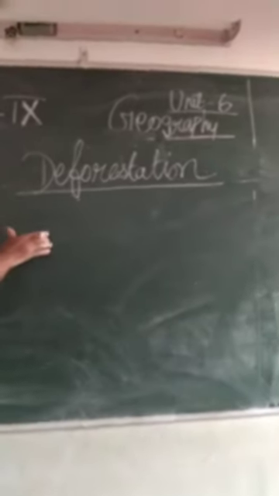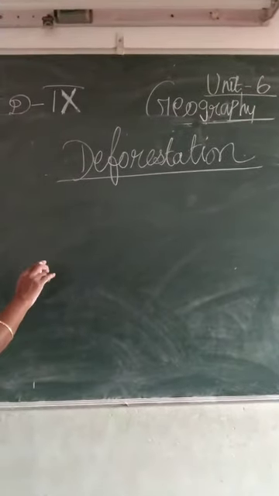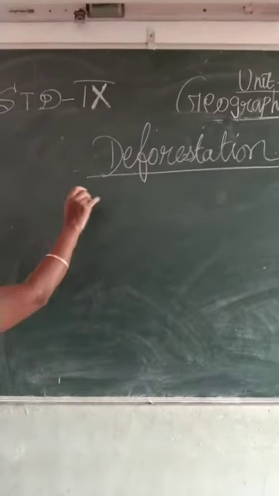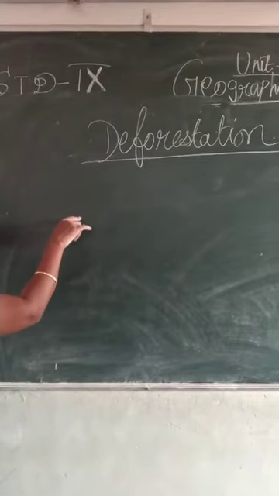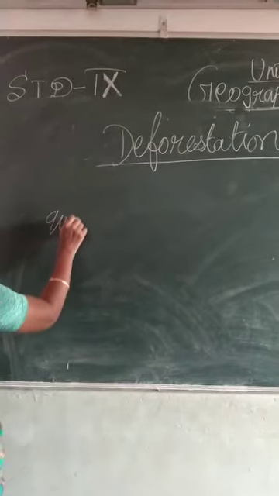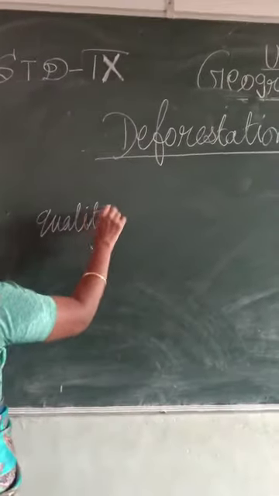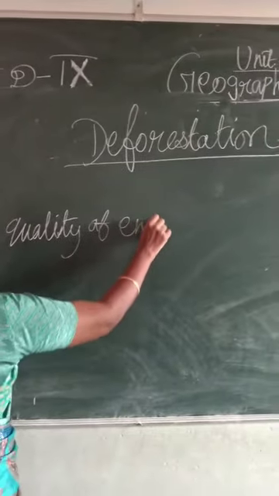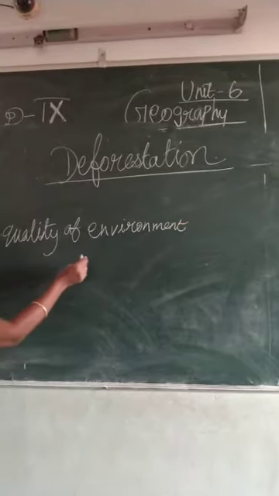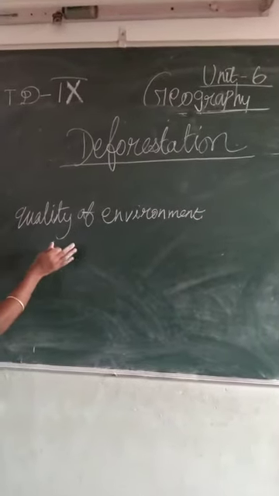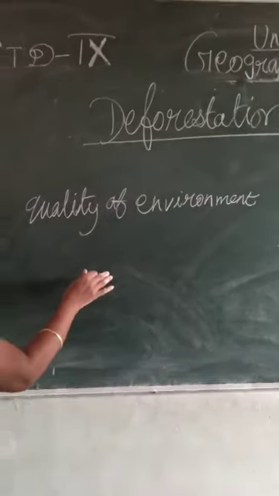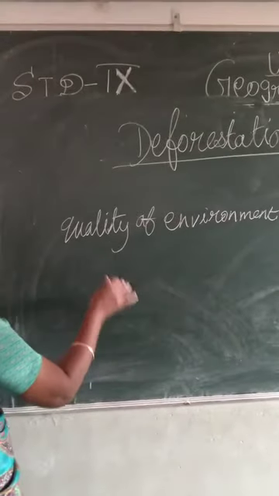Students, now deforestation. Deforestation is simply the cutting down of trees. It will seriously affect the quality of environment by increasing the temperature, decreasing rainfall, topsoil erosion, loss of biodiversity and flash floods.